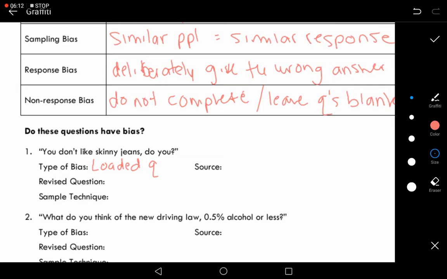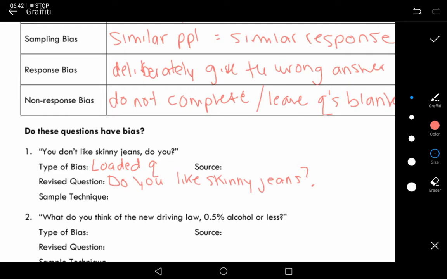And if we revise that question, we could just say, do you like skinny jeans? We don't have to influence their decision on this. And the sampling technique that we would want to go for here, it doesn't really matter, right?